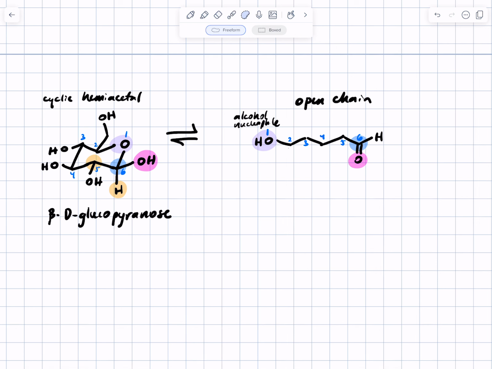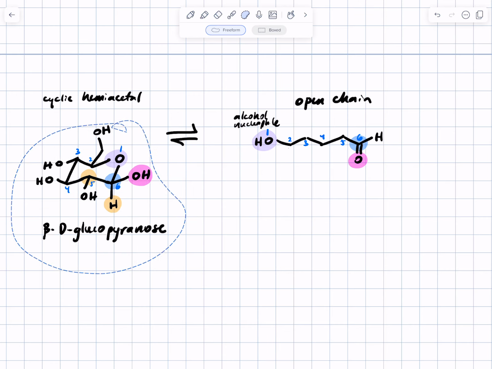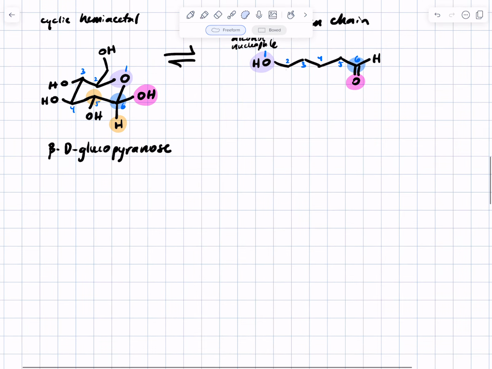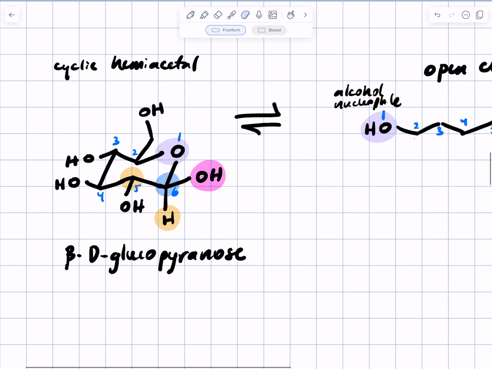It turns out that it is easier to do this if, instead of starting with the chair form, you redraw the chair form as though you were looking down on the molecule from above.